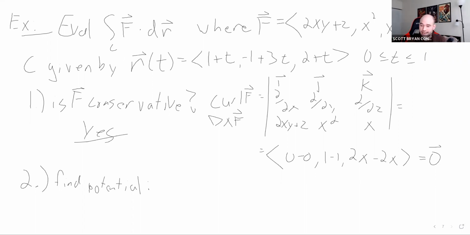We integrate the first component with respect to x, and we get x squared y plus xz. I'm doing this without writing it down; normally we would write this down, but I'm trying to go quickly. Integrate the second component with respect to y, that gets us x squared y, which we've already accounted for. And the third with respect to z gives xz, also already accounted for. So that's a potential function.